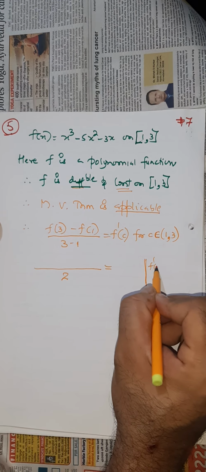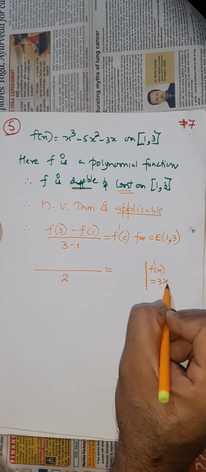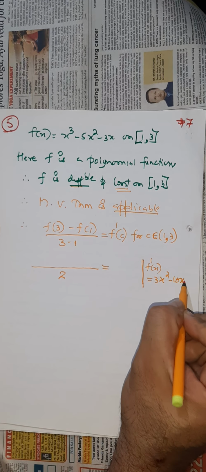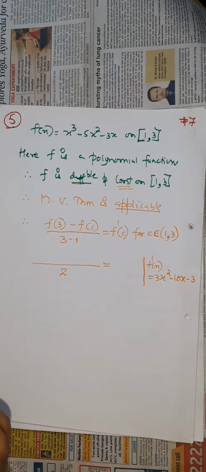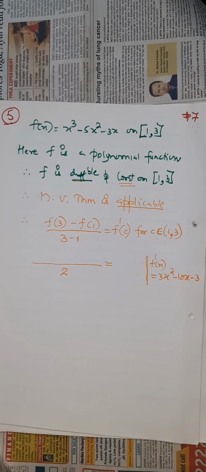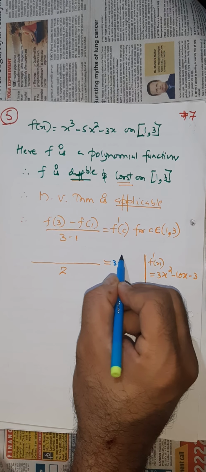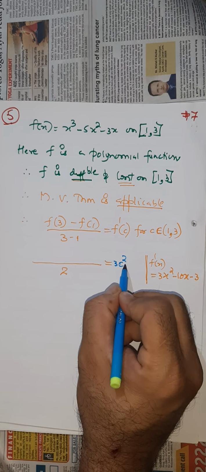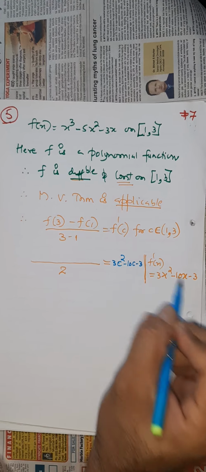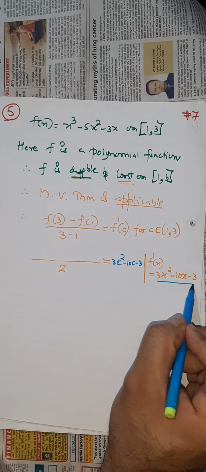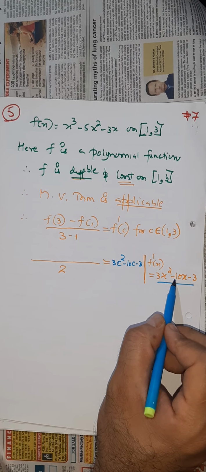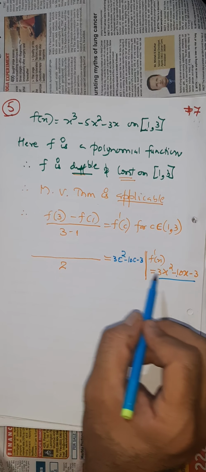You know f dash x is 3x square minus 10x minus 3. So here it will be 3c square minus 10c minus 3. Just instead of x you put c.